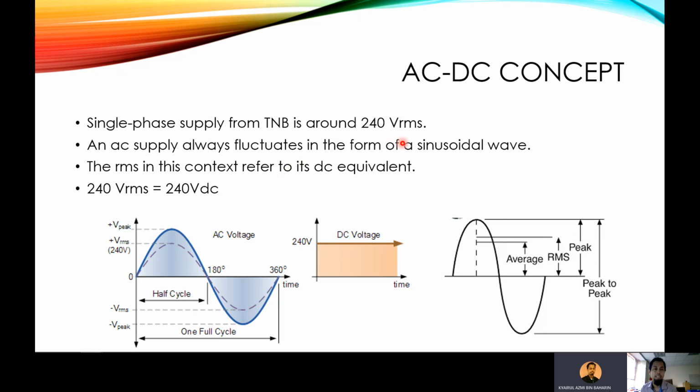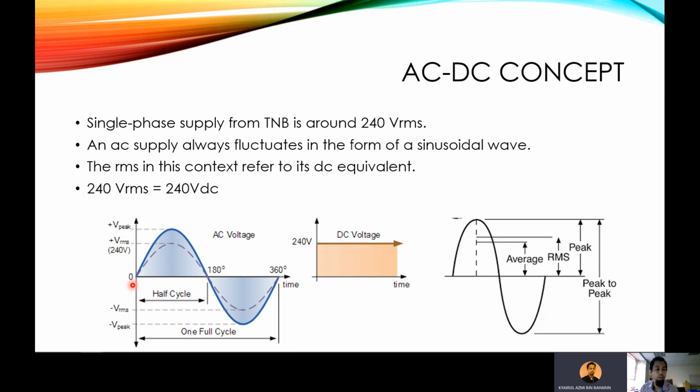Now, if you take a multimeter and measure between the live and neutral terminals of the supply, you'll get a reading of 240 or somewhere around this value. Actually, 240 is what we call the root mean squared or RMS value of the power supply. When we talk about AC supply, we are talking about a supply with a sinusoidal waveform like the one shown here.